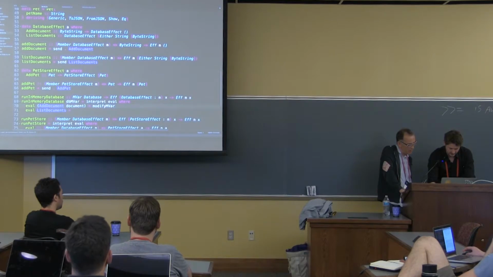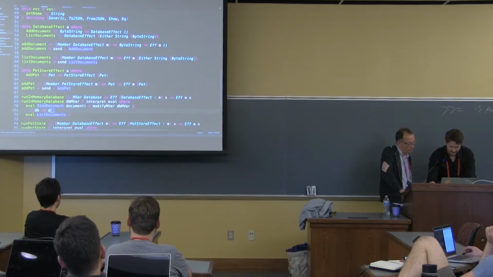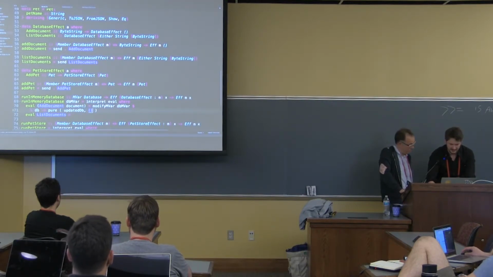Simple enough. db mvar, and then we provide the function that takes the actual database, and I think we have to return a tuple where there is the updated database. Yes. And whatever we want to return, but that's just unit here, right? Yeah, because add document doesn't have. Just have unit.